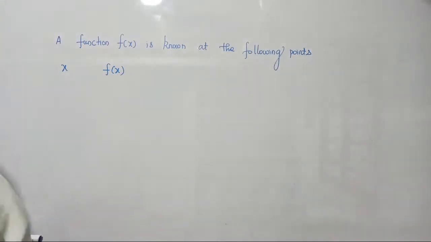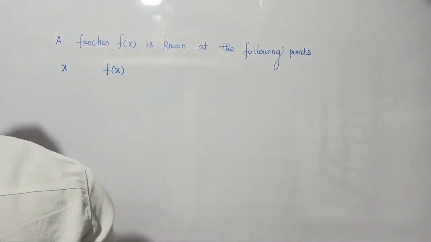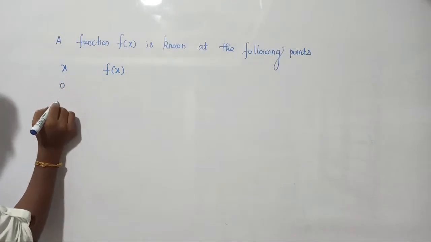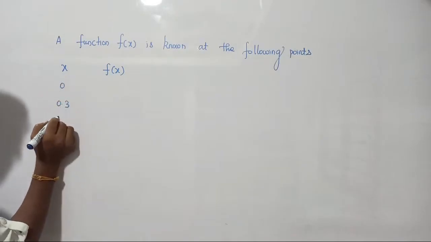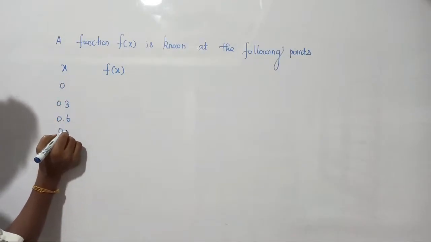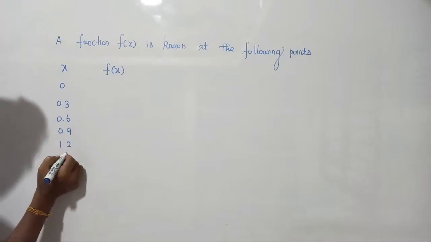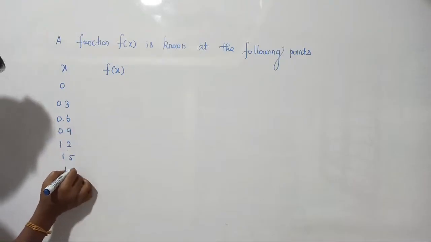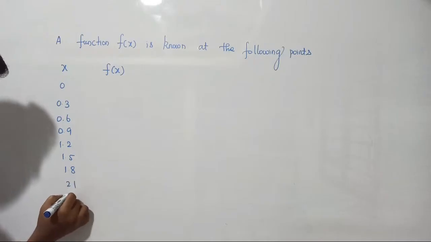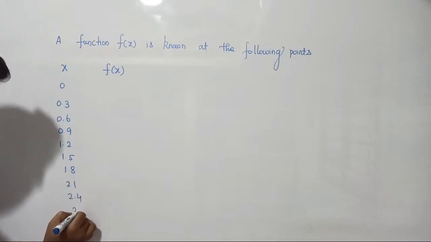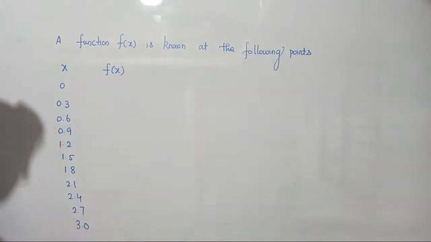They have given many values. Let me start: 0 to 3 they are going, so this is 0, next they are considering 0.3, 0.6, 0.9, 1.2, 1.5, 1.8, 2.1, 2.4, 2.7, 3.